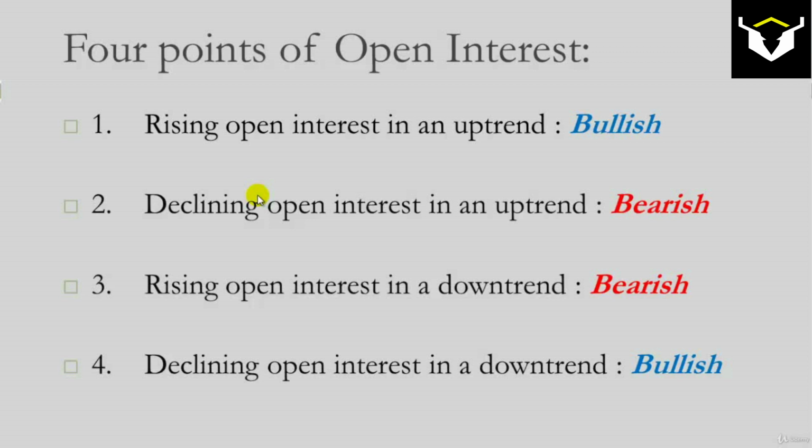Rising open interest in a downtrend, more and more open interest being created with prices falling, is considered bearish. And declining open interest in a downtrend, falling open interest while prices are making new lows, is considered bullish, or prices will fail to make new lows consistently.